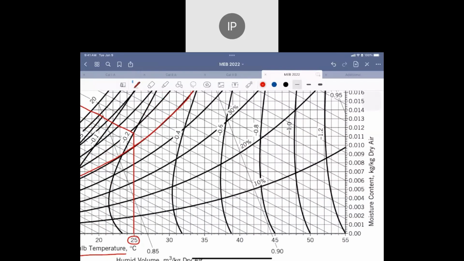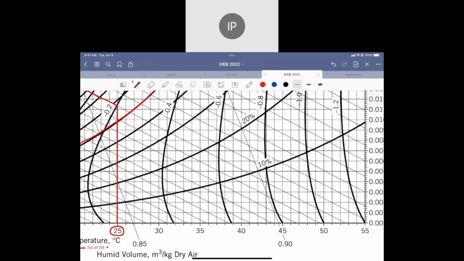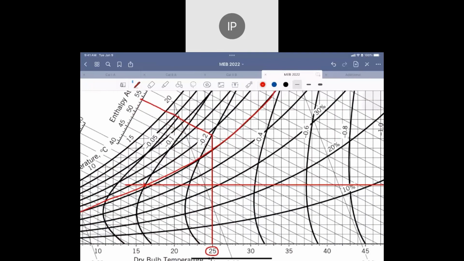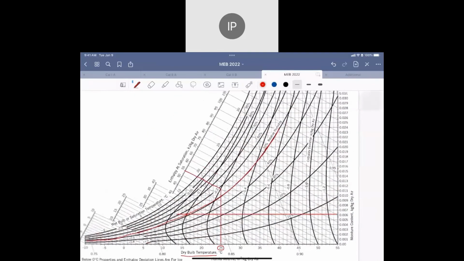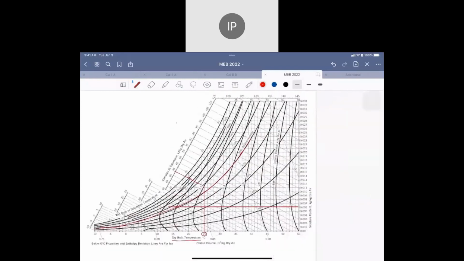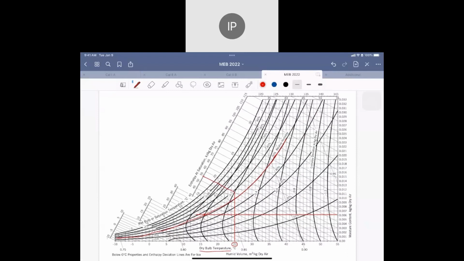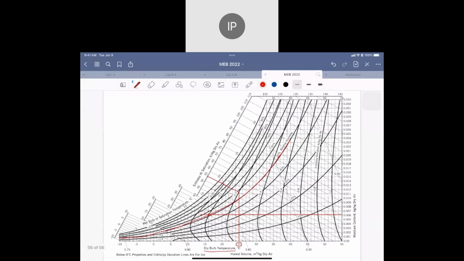So if the moisture is, for example, 0.006, we could just take it there, and we could have this as our relative humidity. So basically, the way we work on the psychrometric chart and determine some terminologies, finding the enthalpy and also finding another aspect as well, we could just go through this chart and take the line.